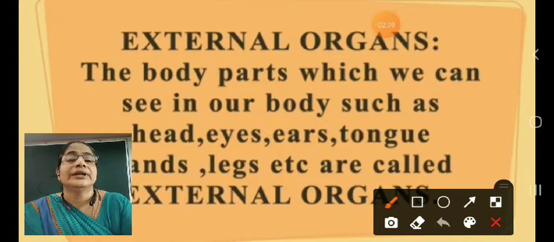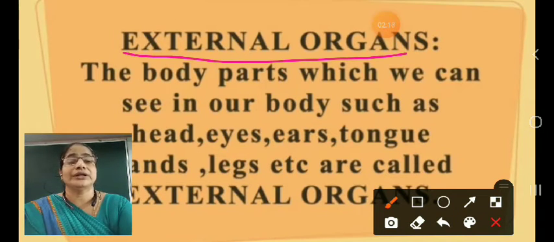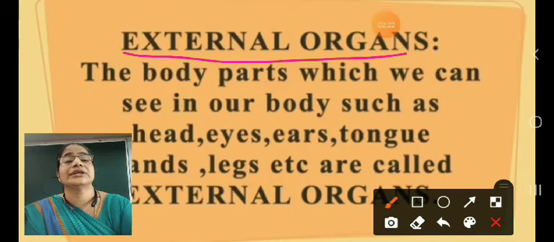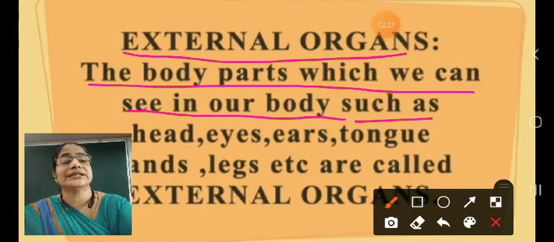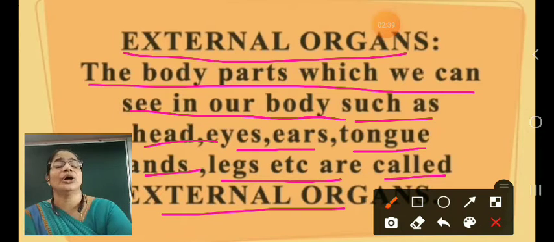Now, first we are telling about external organs. What are the external organs? The body parts which we can see in our body, such as head, eyes, ears, tongue, hands, legs, etc., are called external organs.